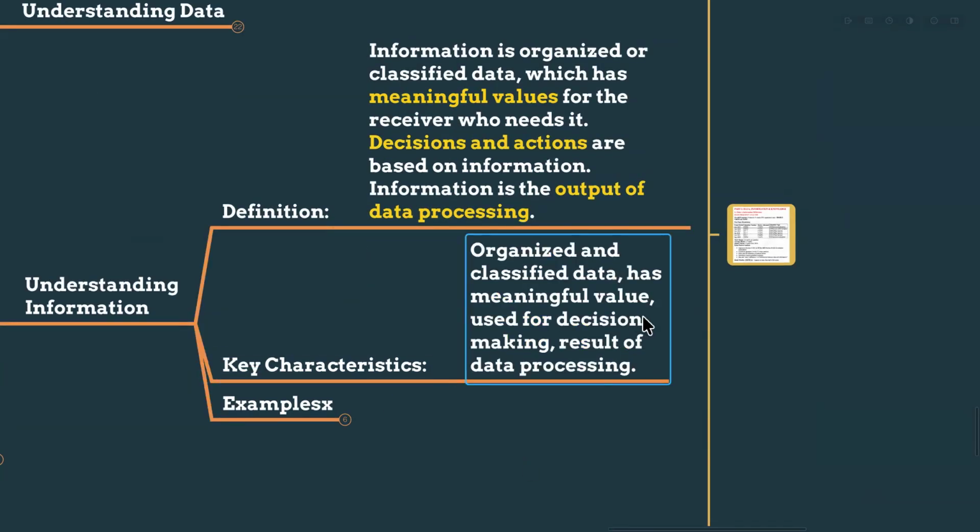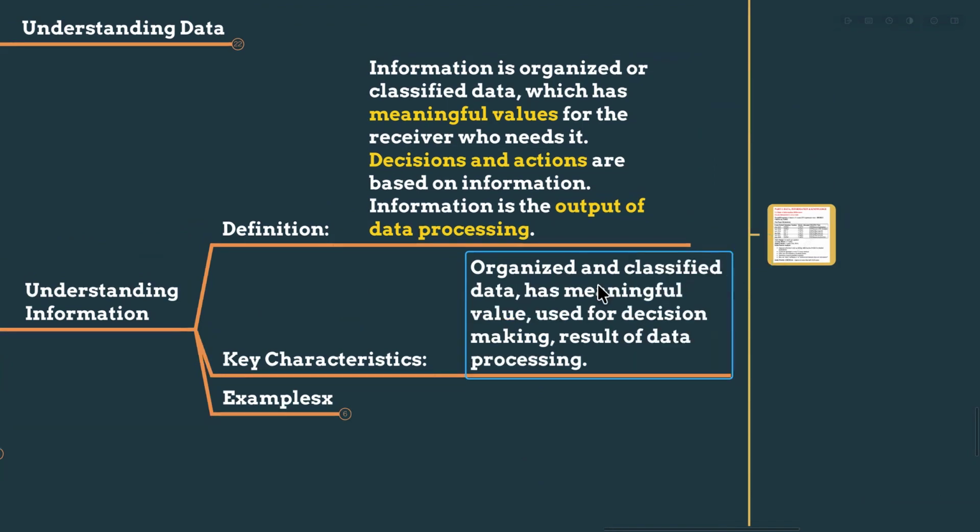And the key characteristics: it's organized, it's classified data. It means we have classified the data as well as it has meaningful value, and it is used for decision making and is the result of data processing. Just like the definition, you can give this as a key characteristic as well, right?